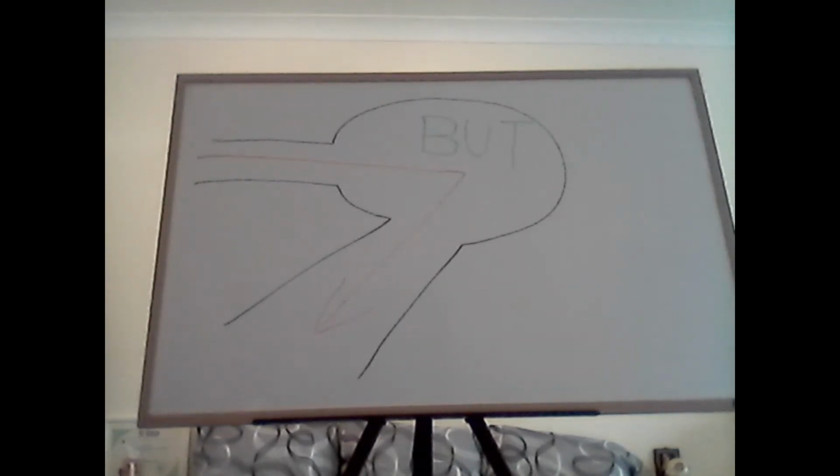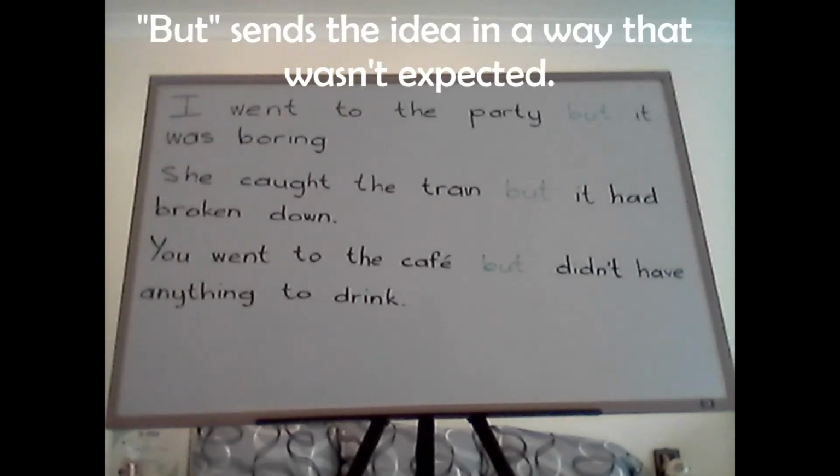But twists the idea around. But says, you didn't think this would happen. I went to the party, but it was boring. You expect parties to be fun, not boring. So that's why we use but. She caught the train, but it had broken down.